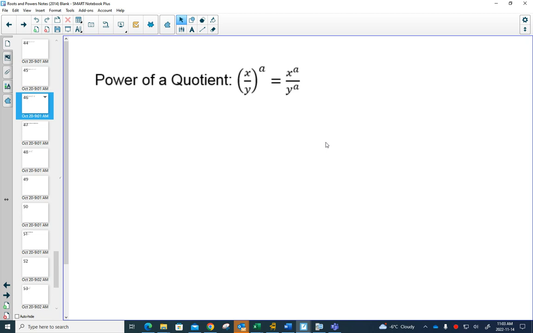We are on page 19, right? And we had done examples of all of the other power rules from grade 9.